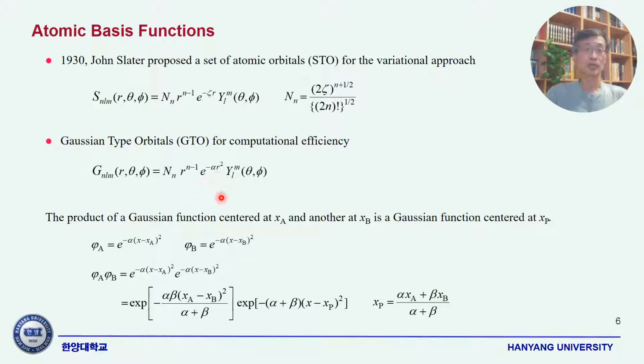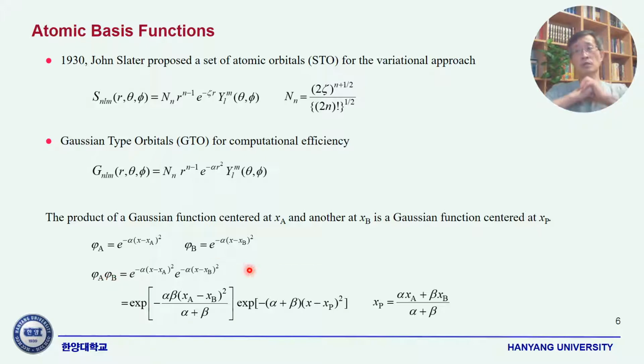The reason for that is that if you make a product of Gaussian functions centered at xa and xb, that product itself is also a Gaussian, centered at some linear combination of xa and xb, where xp is given here like this. So xp is just a numerical addition and division, and then you make an exponent, and another exponent completes your product.